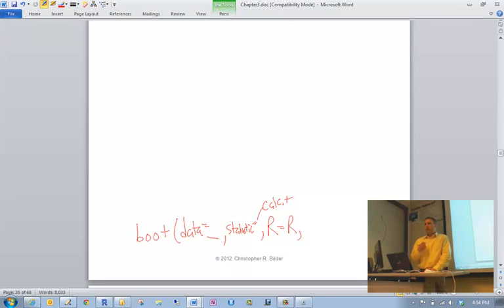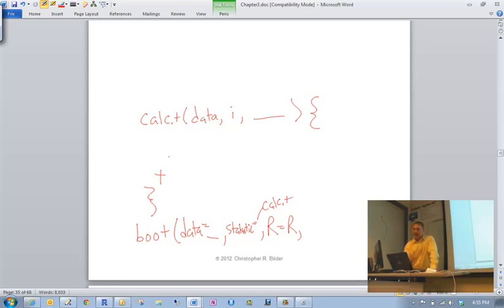So the boot function is going to call a function called calc.t. We're going to have data, I, maybe some other stuff. What do you think is going to be the last thing in calc.t? You're going to pass back the statistic.